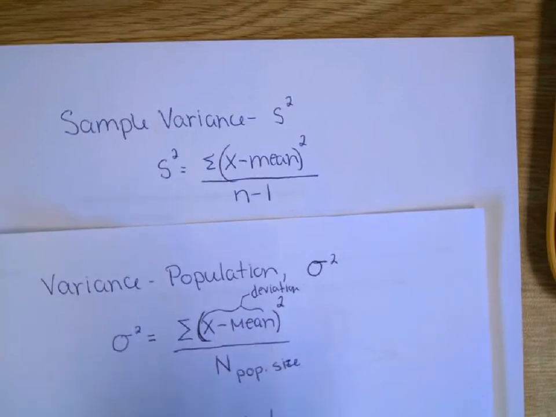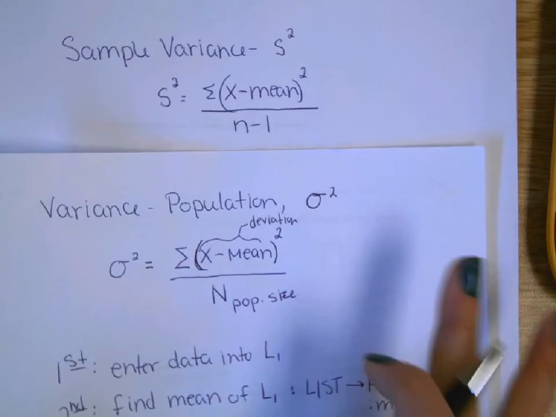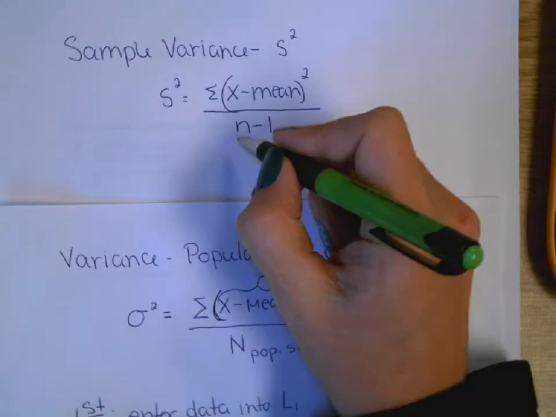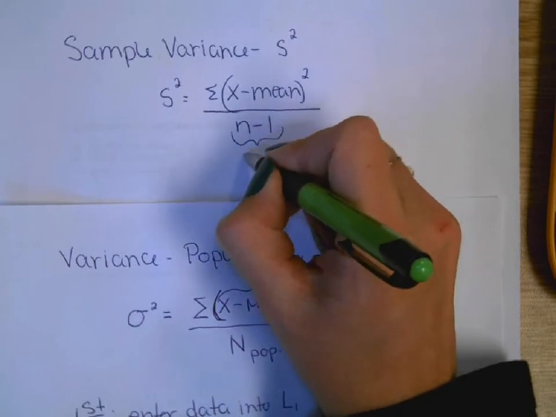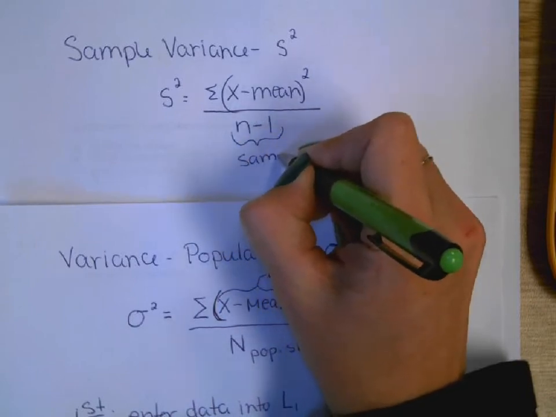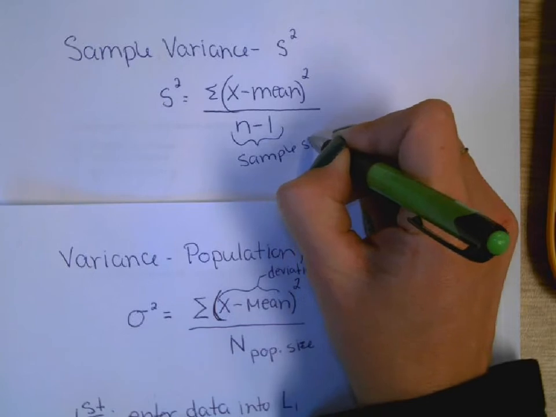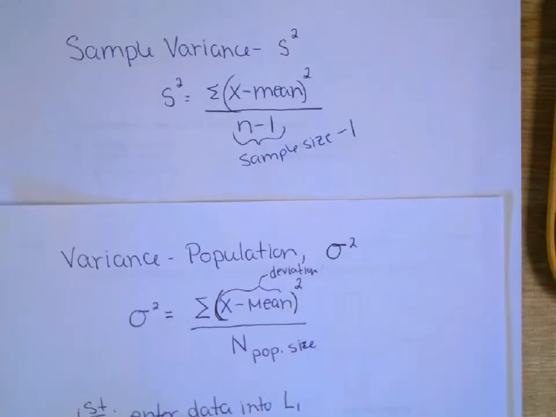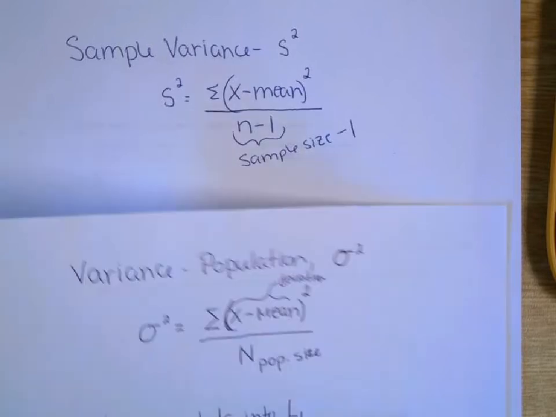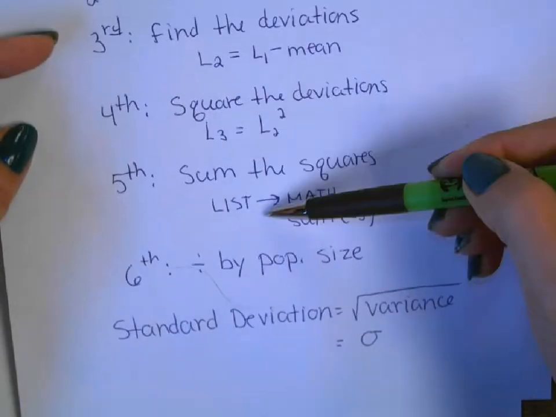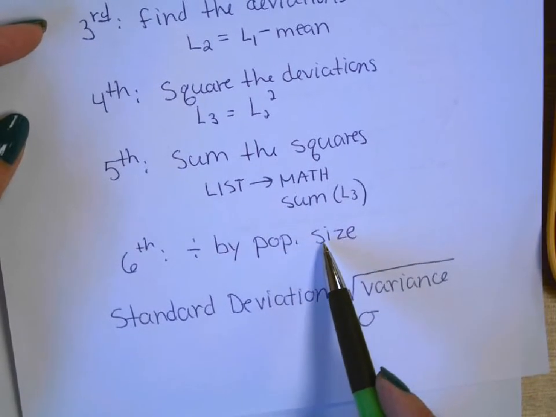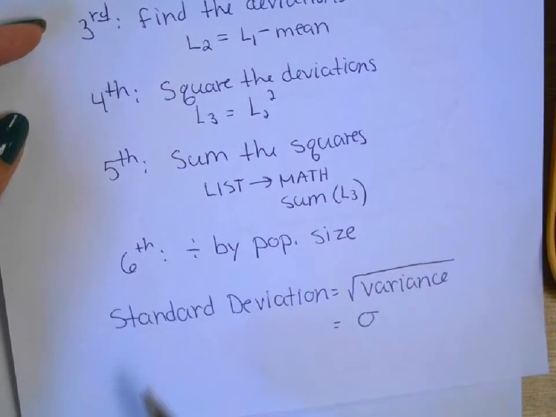Why? I don't know. That's the way it works. Way smarter people than me figured all this stuff out. So this is your sample size minus 1. It's the only difference. So the 5 steps will be the same. The last step is going to change when you divide by one less than what you have in your sample.